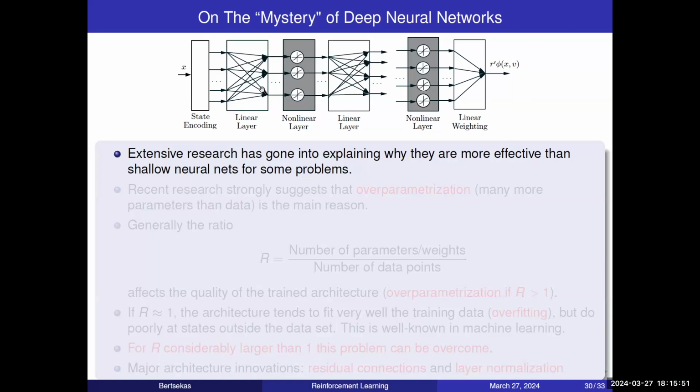But in recent years, we all know that the tremendous glory brought to neural networks is by their deep counterparts, whereby starting with state encoding, it goes through a linear layer and a nonlinear layer, and then this linear and nonlinear layer is repeated a tremendous number of times before we finally settle with some linear weighting function.